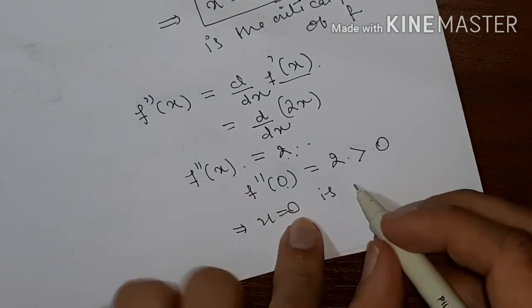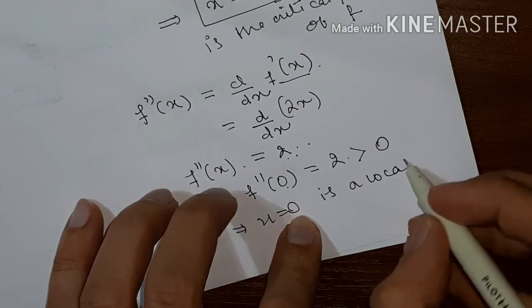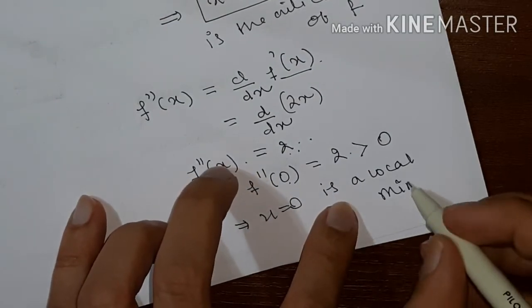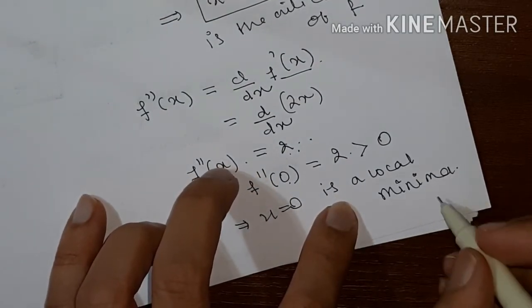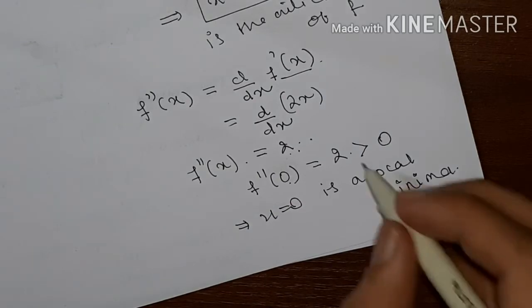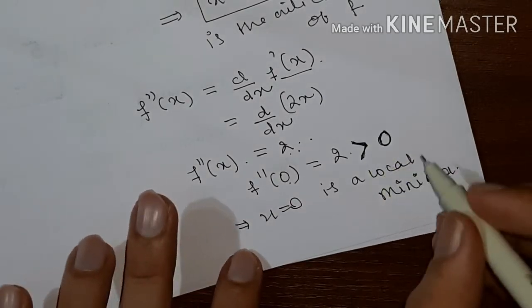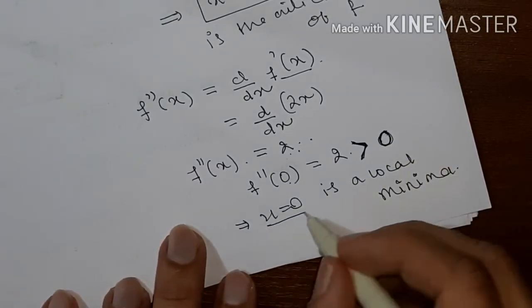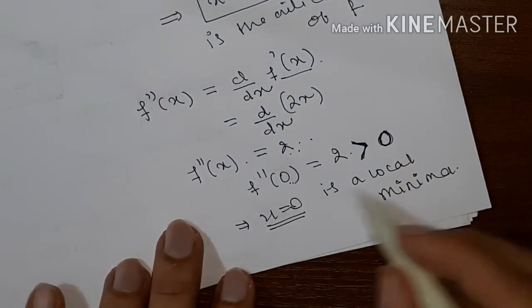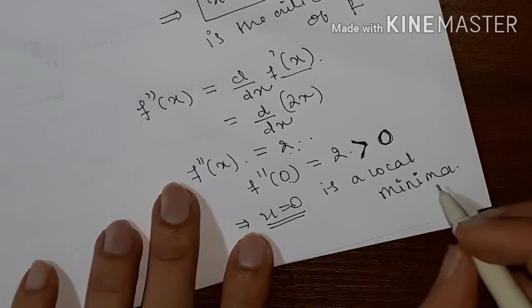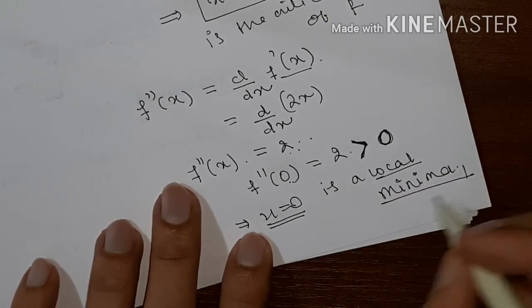That point c is a local minima. If f double prime of c is greater than 0, that means the value x equal to c, or x equal to 0 here, is a local minima.